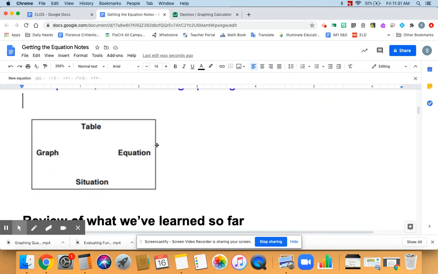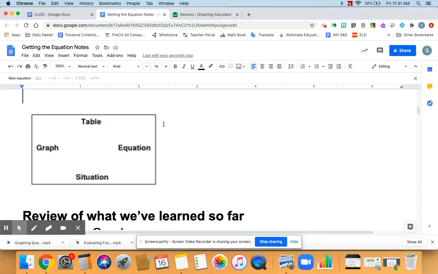For example, there's a few of these we already know how to do. For example, if I have a table and I want to get a graph, it's really easy. All you do for a table to graph is plot the points. If you have a table, you look at it, you put them on the graph, and then you connect them.